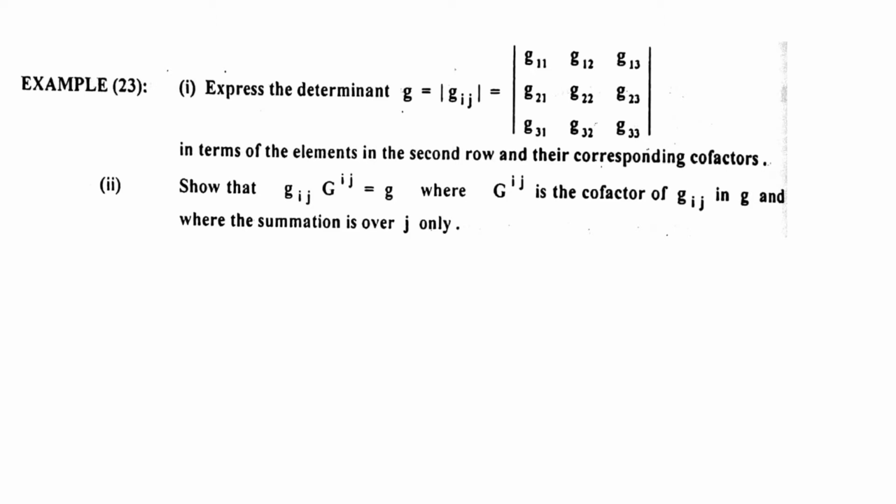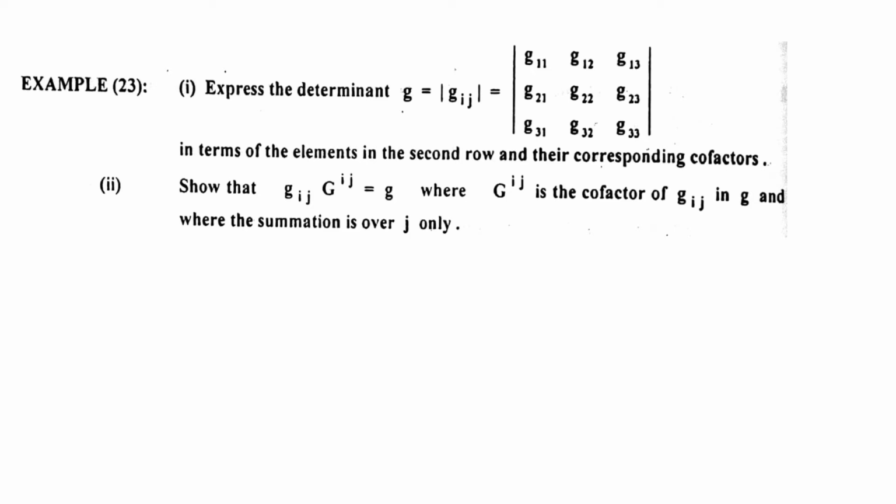The second question is to show that the sum of gij times capital Gij is equal to g, where capital Gij is the cofactor of gij in g, and the summation is over j only. We fix i as 1, 2 or 3, whichever we want, and j moves from 1 to 3.